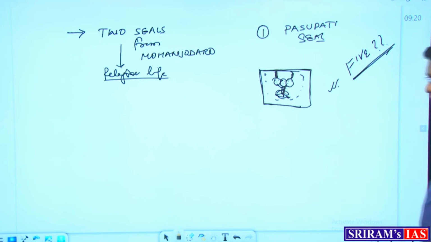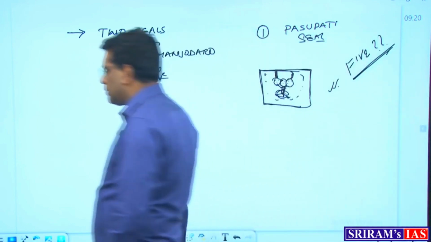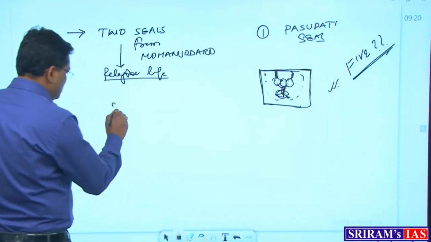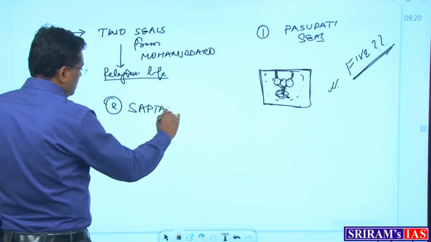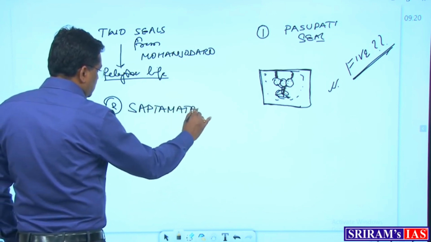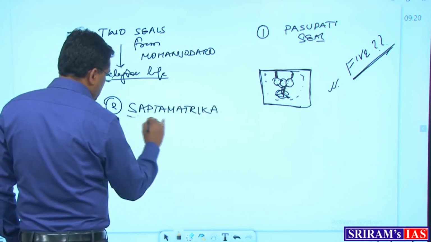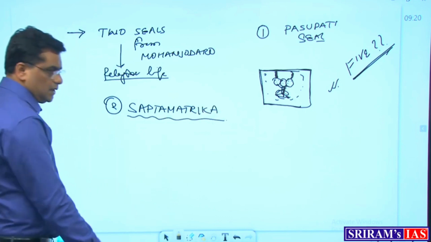The second seal is called Saptamatrika. This is also a very fantastic seal, you can see.